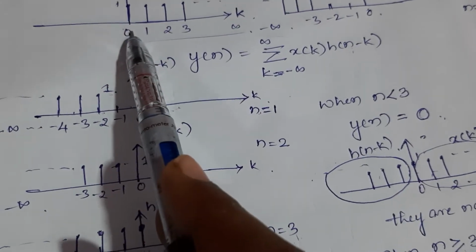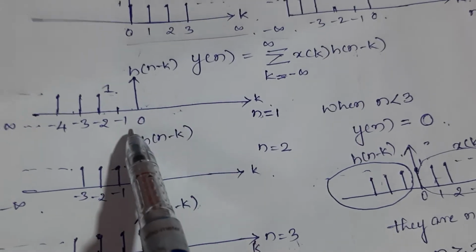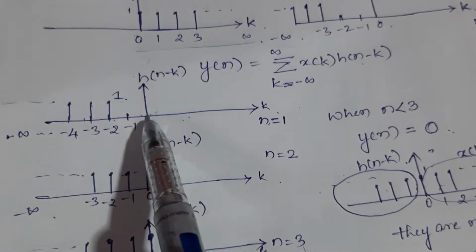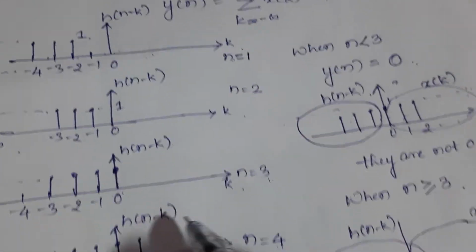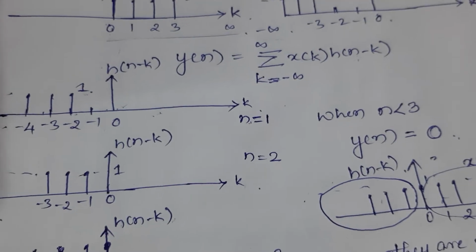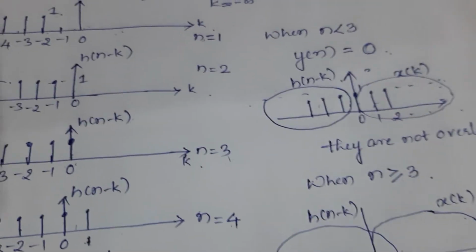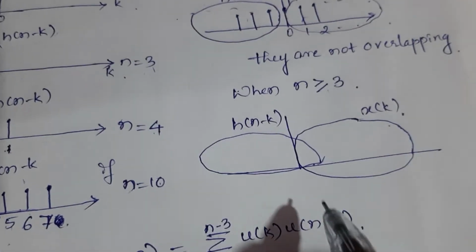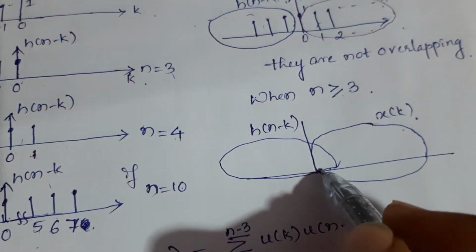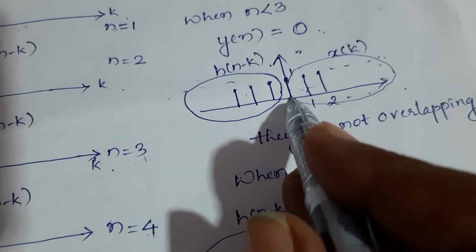So when h of n minus k starts coming towards the right, only then does the multiplication exist. So the starting limit becomes 0, because before 0 we don't have the multiplication happening. So multiplication begins from 0.